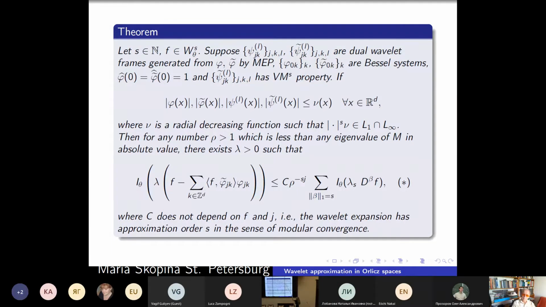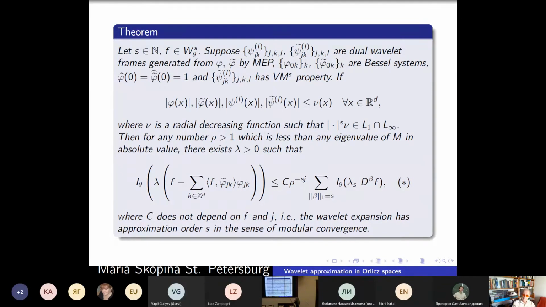Next, suppose these are dual wavelet frames generated from scaling function phi, phi tilde by a matrix M, and these functions are Bessel. Next, this assumption, and the system psi jk tilde has the BMS property, and next, all these functions have good decay.